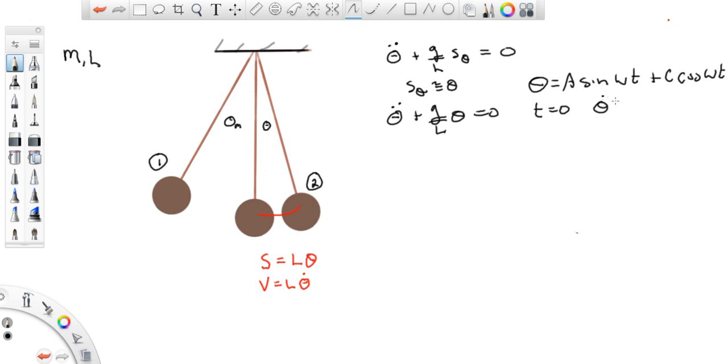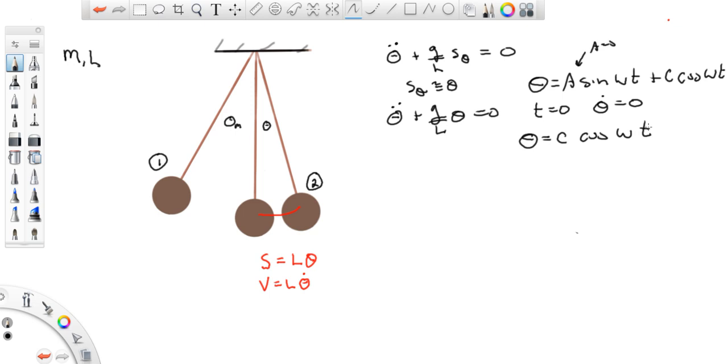So theta dot is equal to 0. In the interest of time, I'm going to leave it as an exercise to the viewer to time differentiate this, and what you should conclude is that A equals 0. So we're just going to keep this part, the C cosine of omega t.